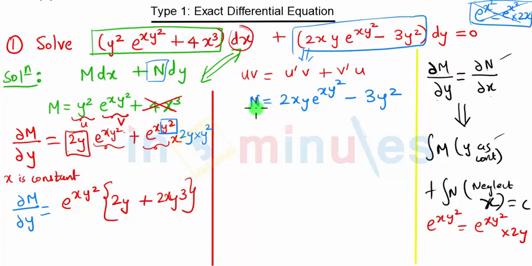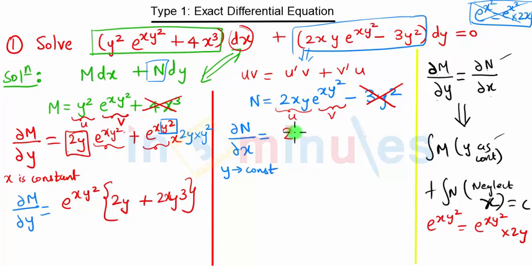After this, we need to find the derivative of N with respect to x. ∂N/∂x is equal to, in this case we will consider y as constant. Since y is constant, this term will be neglected. In this we also have two terms, that is 2xy is one term and e^(xy square) is another term. This is our u and this is our v. What is the derivative of 2xy where y is constant?